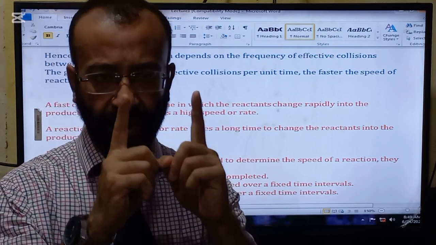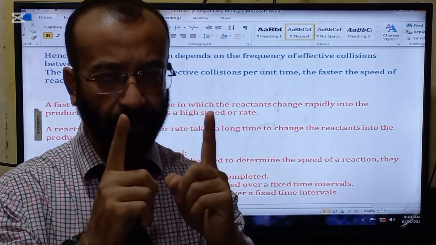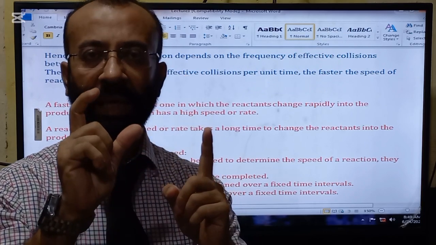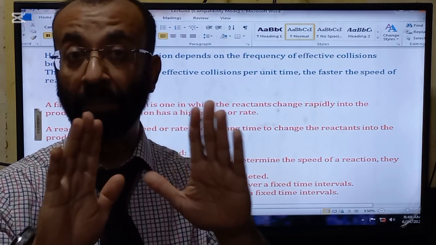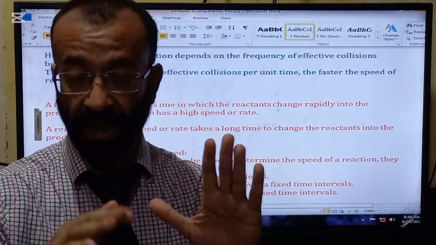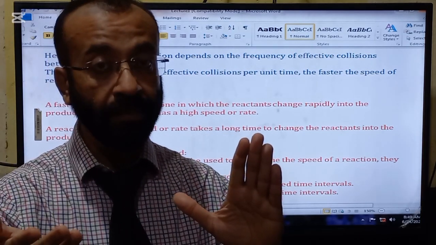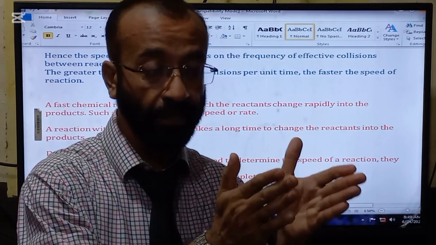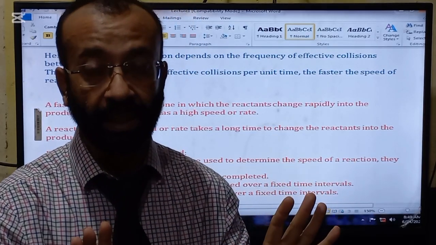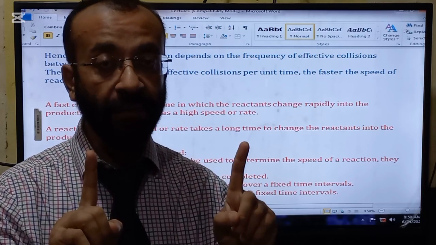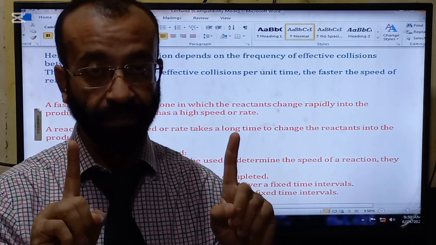So if in a given fixed interval of time, the quantity of the reactant left over is more, it means less products will be formed, because still a lot of reactants are still there. So that reaction will be called a slow reaction.